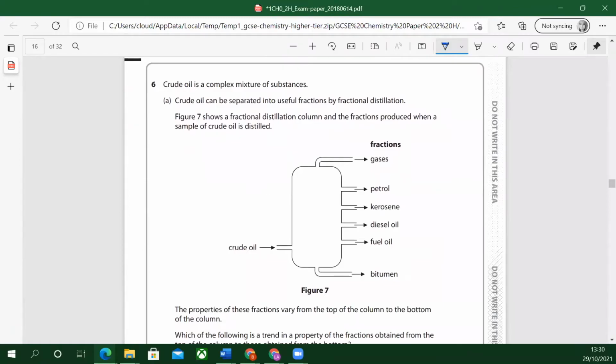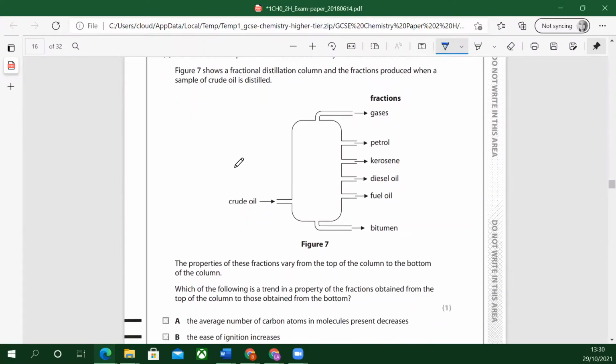Right, number 6. Crude oil is a complex mixture of substances. Crude oil can be separated into useful fractions by fractional distillation. Figure 7 shows a fractional distillation column and the fractions produced when a sample of crude oil is distilled.